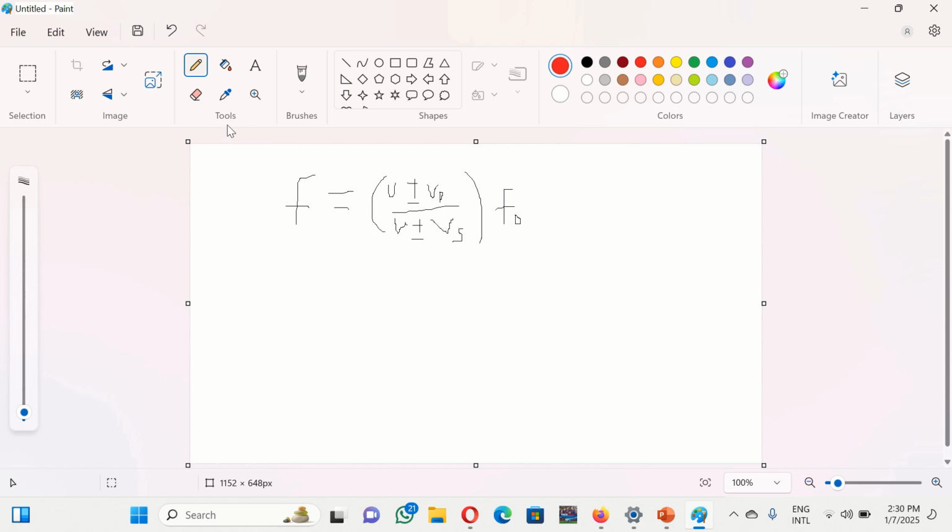Now, if the observer is stationary, then the velocity of the observer will be zero. So we now have this place to be zero. And if here is zero, that means we can get rid of the plus and minus here. So we'll be left with V as the only numerator. Note, F naught doesn't change.